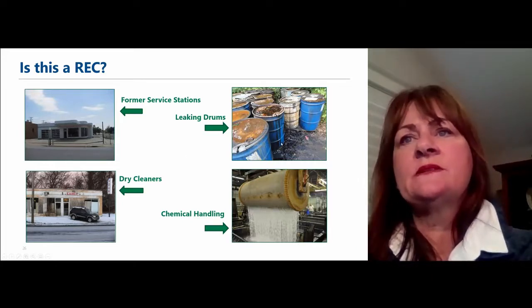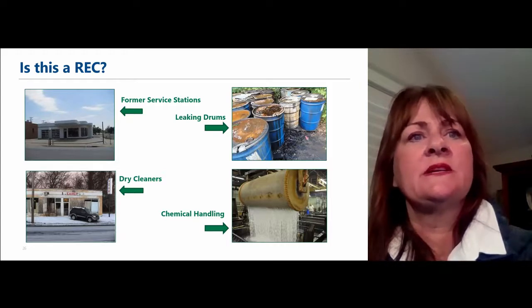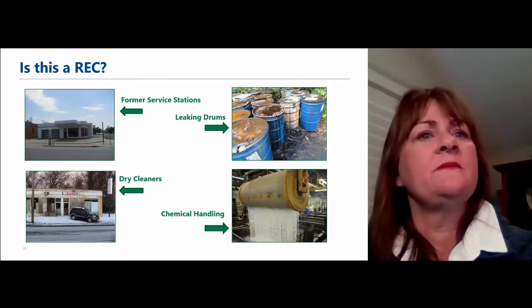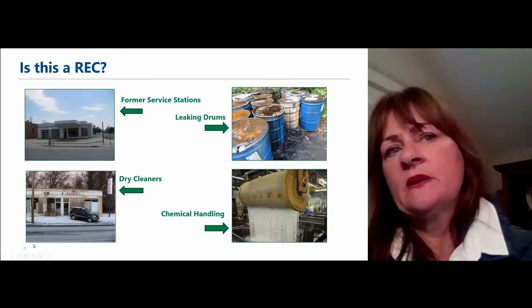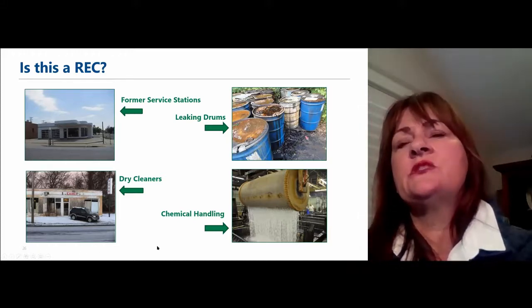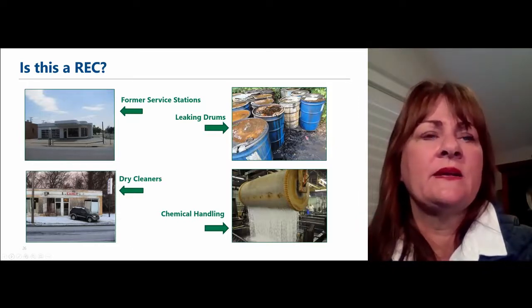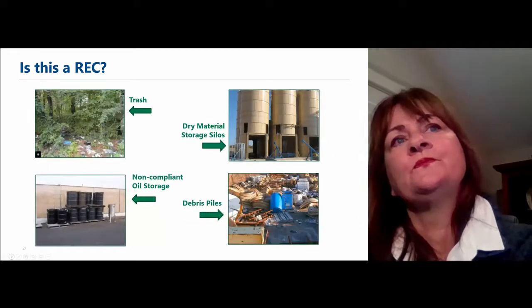Leaking drums, obviously, are a form of a recognized environmental condition. Dry cleaners absolutely could be recognized environmental conditions because of their use of dry cleaning chemicals. And in general, chemical handling on a facility could be a recognized environmental condition.